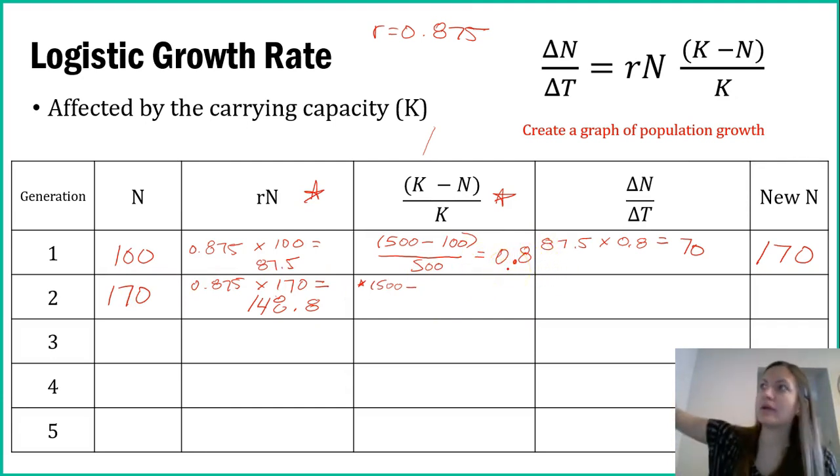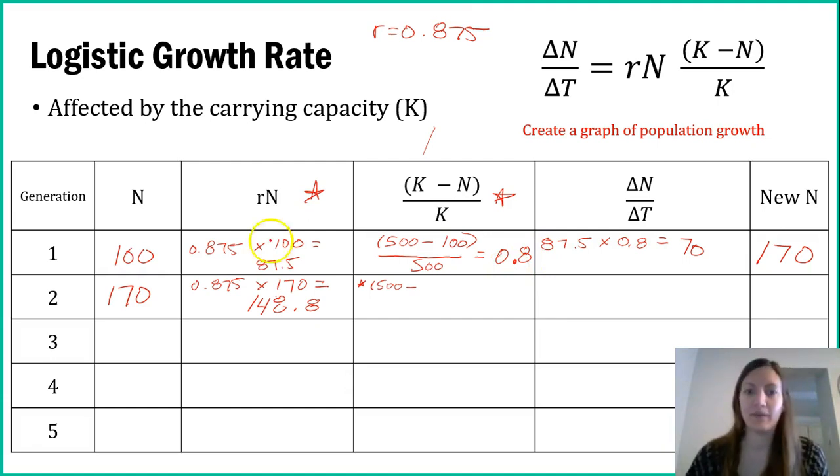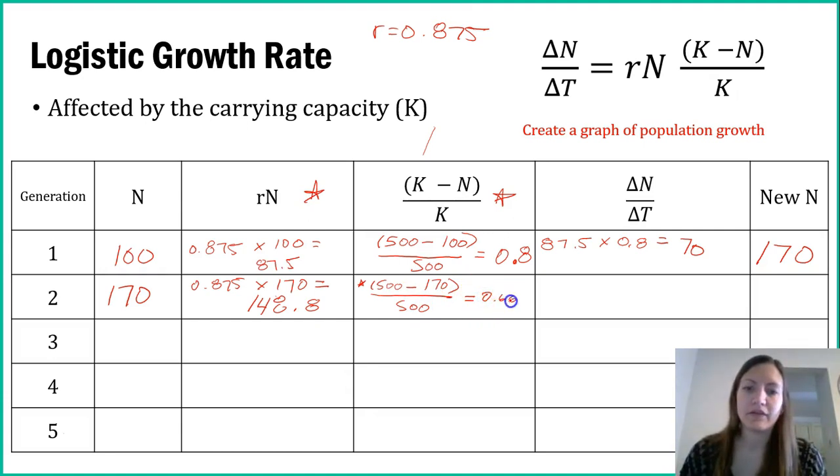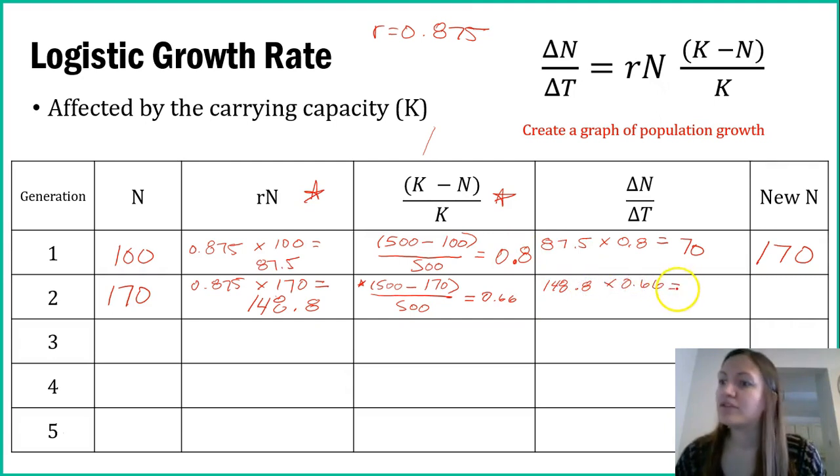As our population is growing, we are getting closer to our carrying capacity. So it's 500 minus 170 over 500, and this equals 0.66. You see, this number is lower than before. That's what we expected. We're getting closer to our carrying capacity, meaning we're going to be adding fewer individuals. For dn over dt, we multiply these two together, so that's 148.8 times 0.66, which equals 98.2.